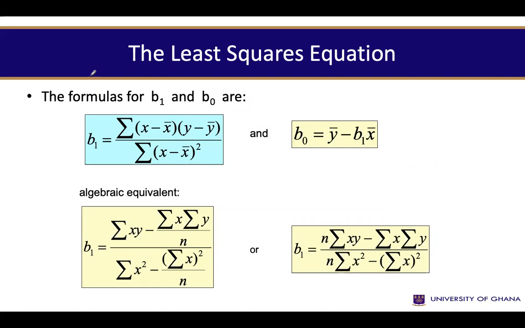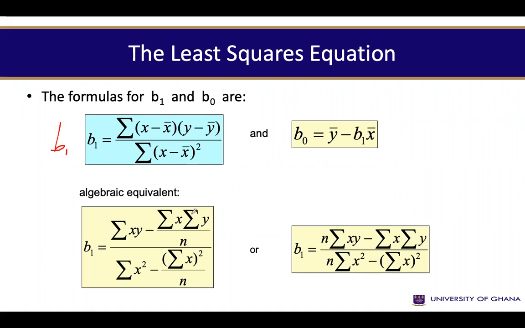In order to estimate beta 1, the slope, which we are terming b1, it is the same as the summation of x minus x bar times y minus y bar over the summation of x minus x bar all squared. You saw something close to this when you were looking at how to determine the correlation coefficient. It's not the actual relation, but it is close to it.